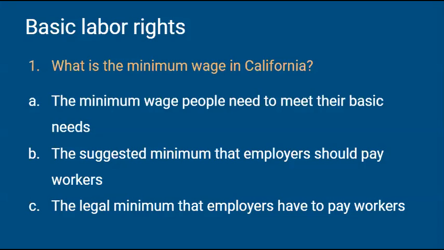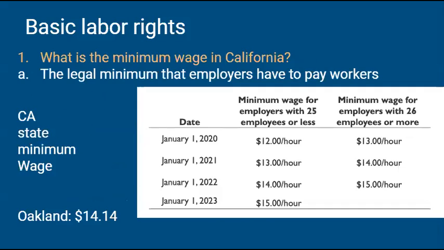Or C, the legal minimum that employers have to pay workers? Well, I wish it were A, so that everyone could meet their basic needs. But I know that the answer is actually C, the legal minimum that employers have to pay workers. So it's not suggested, it's actually the law.